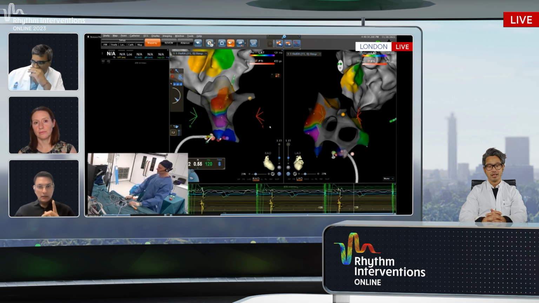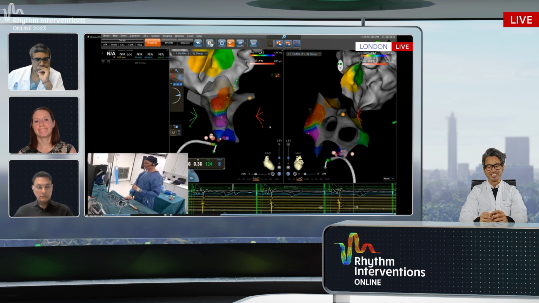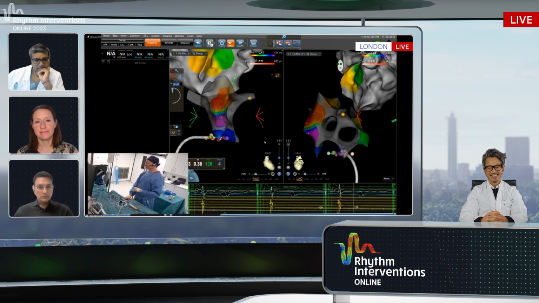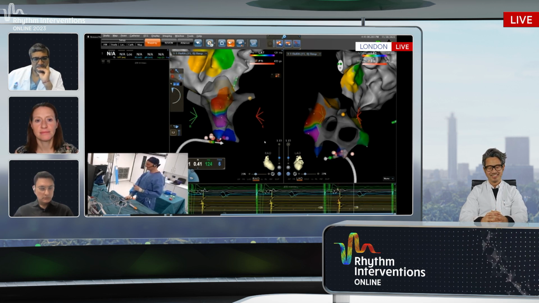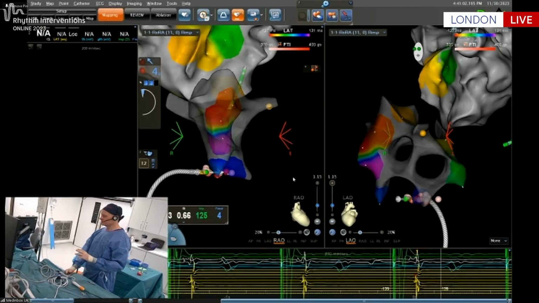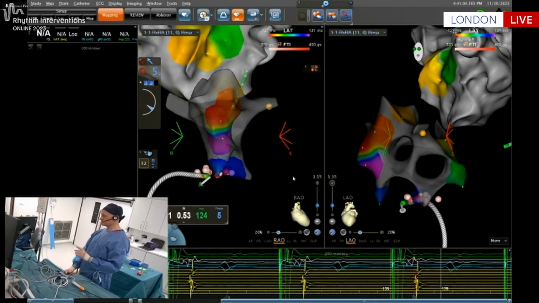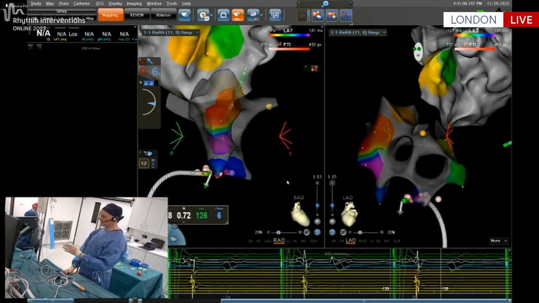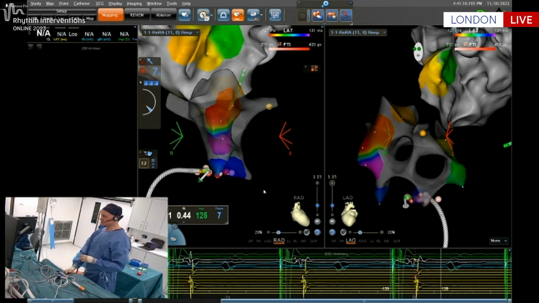But can I just... Let's go back to Richard. I think you changed something, right? So we've terminated the flutter, and it terminated at the IVC end, and it's quite interesting. We're now pacing the CS, which is green, and then below that you can see the map, which is white.